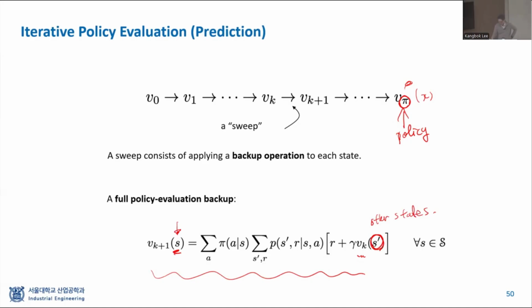If you repeat the previous value function formulation with Vk, our new Vk plus 1 is obtained by repeating all the expected value calculation of different states. This is what we mean by applying the Bellman equation iteratively.